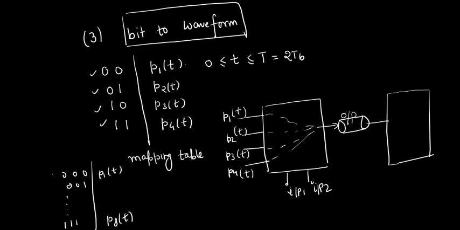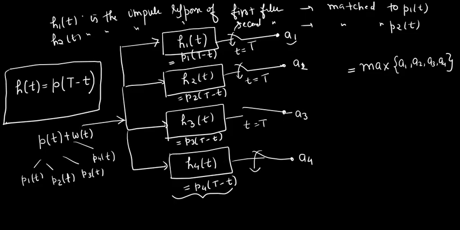So, at the transmitter you also have to generate 8 different waveforms, and at the receiver you also have to have 8 different filter banks.